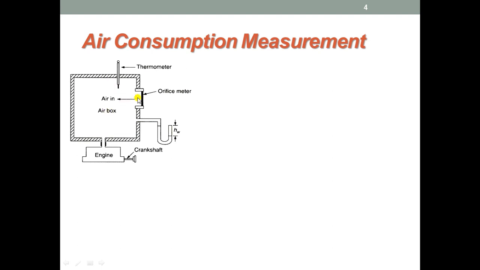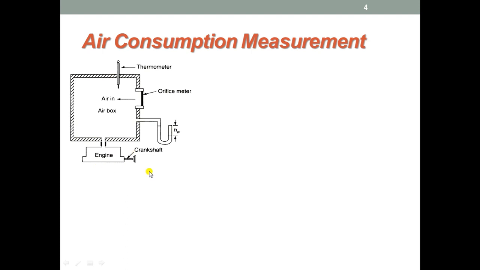There is a pressure depression due to suction of the engine, which causes the flow of air through the orifice. The pressure difference which causes the flow through the orifice is measured with the help of a manometer fitted in the air box. For obtaining steady flow, the volume of the chamber should be sufficiently large as compared with the swept volume of the cylinder.